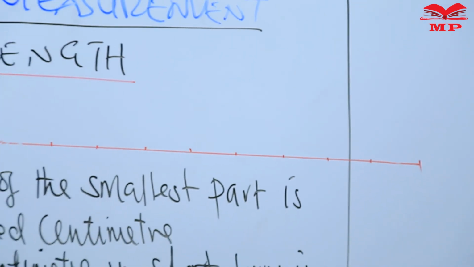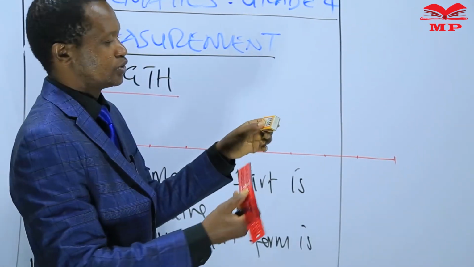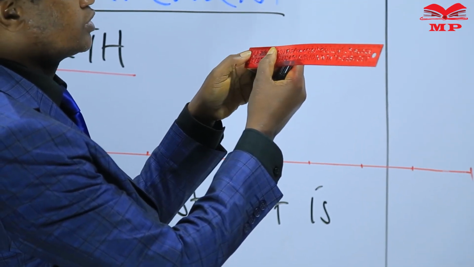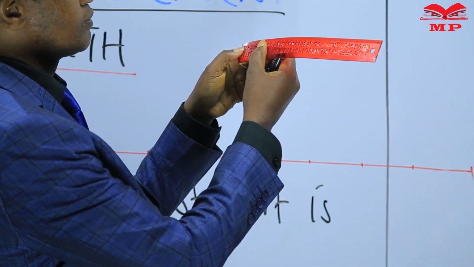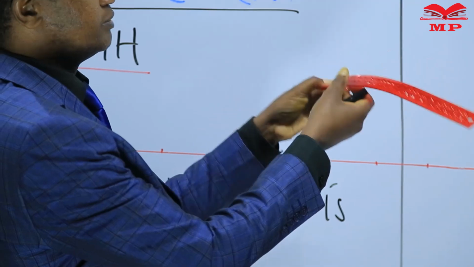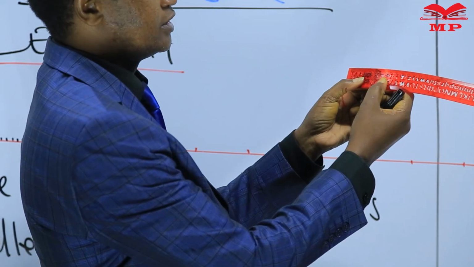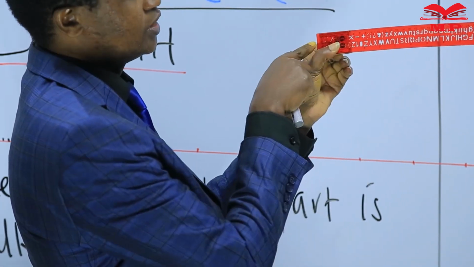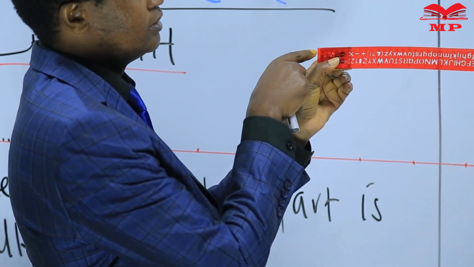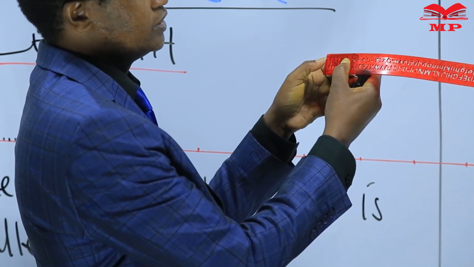I can measure another object. This is a matchbox. What is the length? The length of this matchbox is 5 centimeters. So I put the ruler on the left hand side of this matchbox, where we have 0 centimeters.